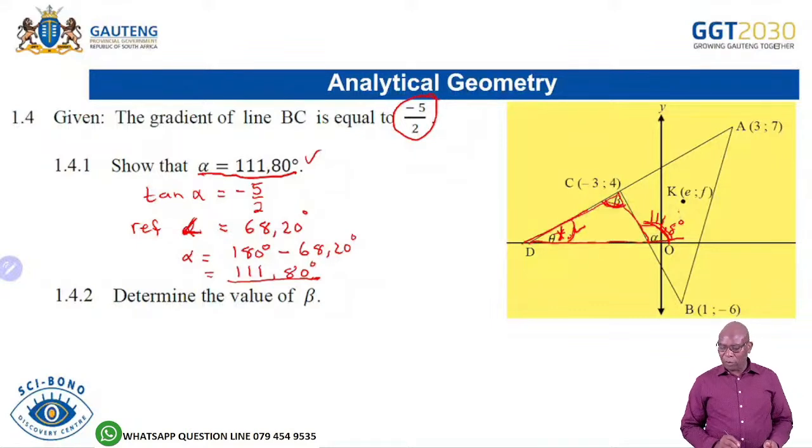So now, first of all, what should I get? I must get the tangent of theta equals to the gradient. The gradient is already, I know, is half. So my angle that I'm going to get there is 26.57.